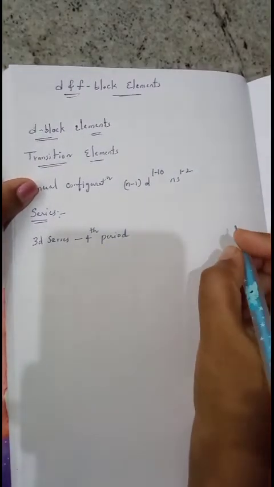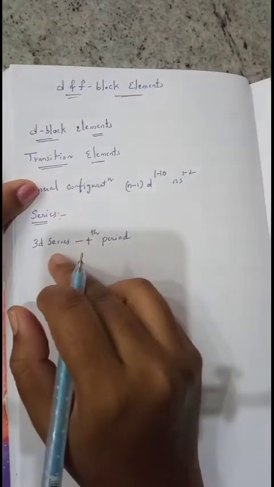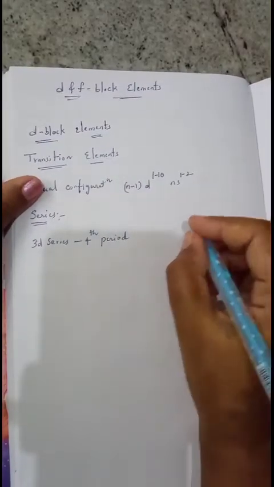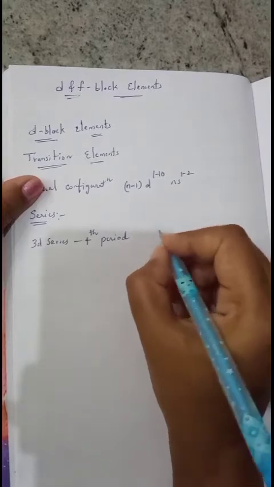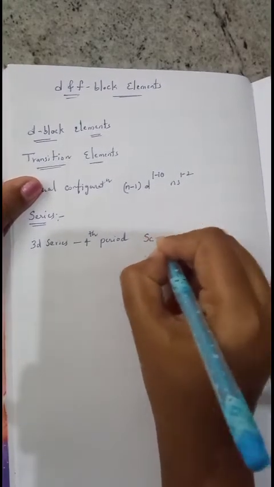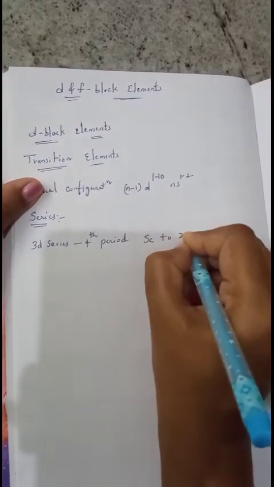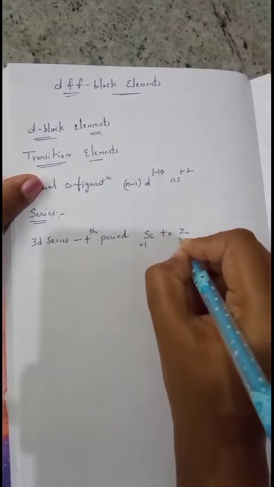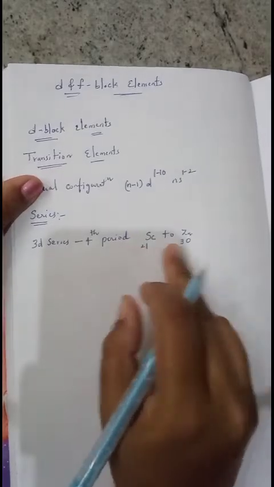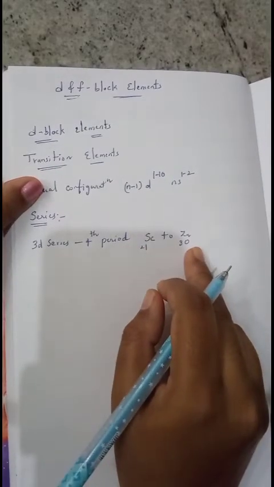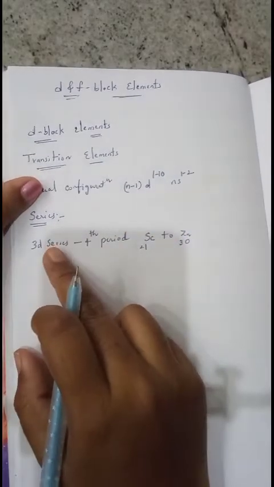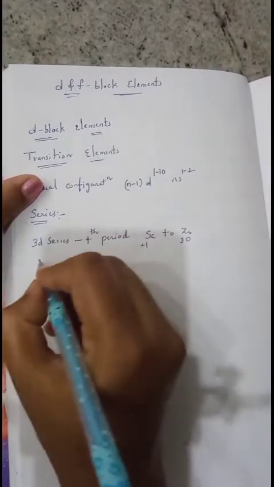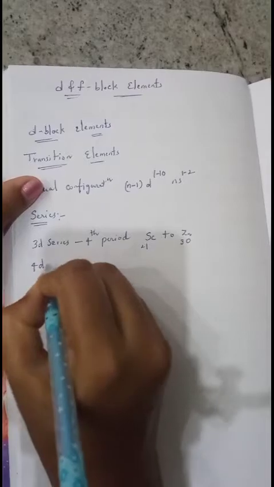It starts with scandium to zinc. Scandium atomic number 21, zinc atomic number 30. The 21 to 30 elements present in the 3d series or 4th period belong to the first series.